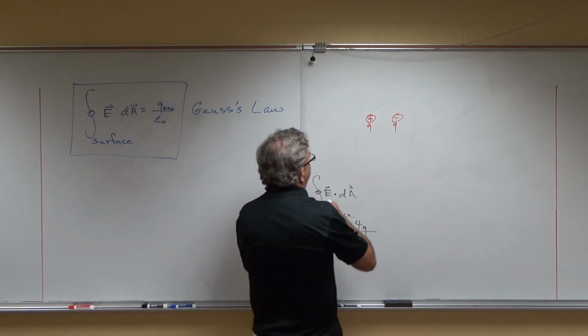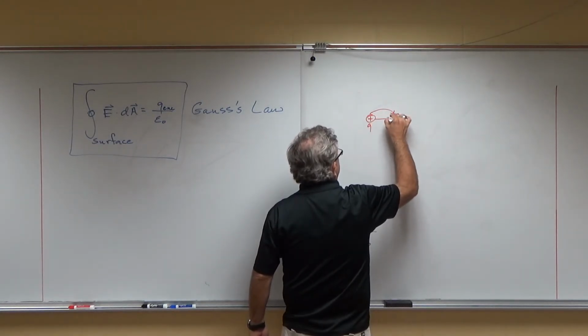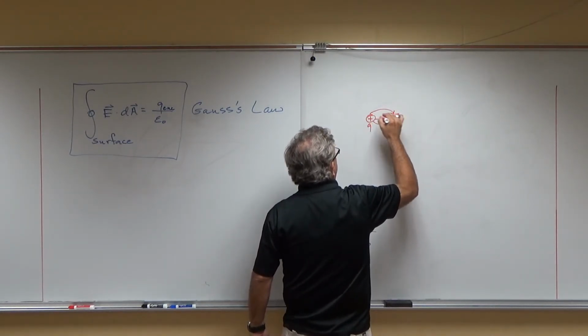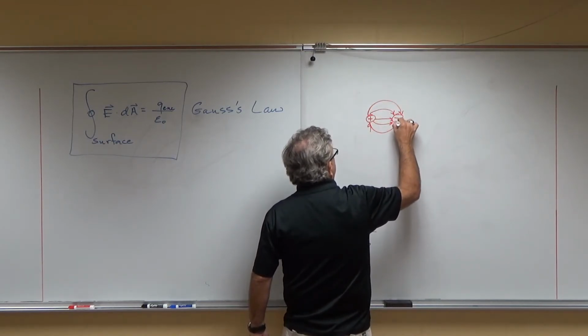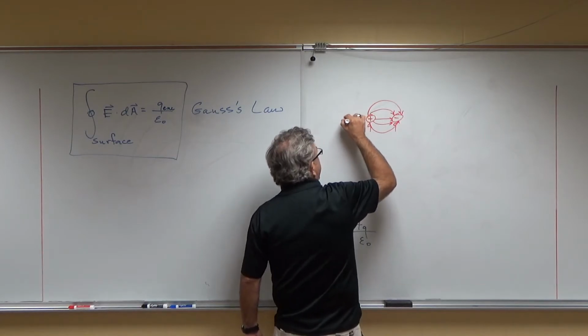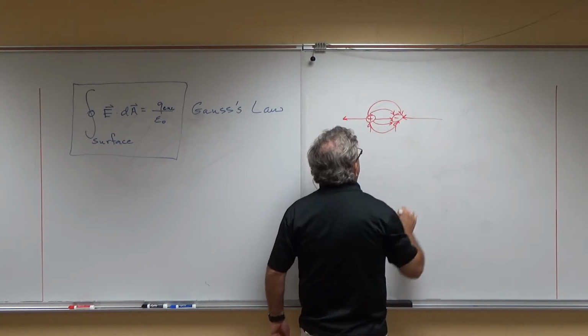We know from what we did previously that you get an electric field that looks something like this. This goes out this way. I'm not going to try to draw all of this.